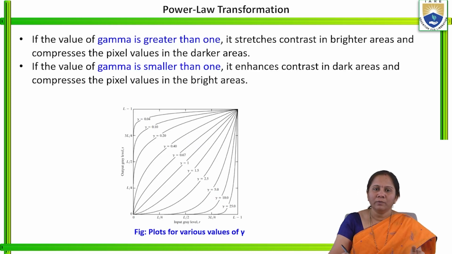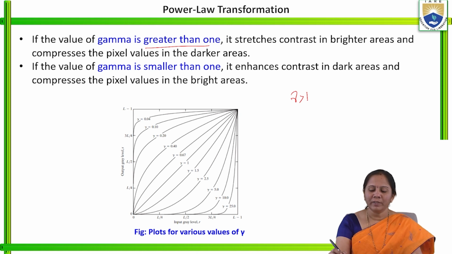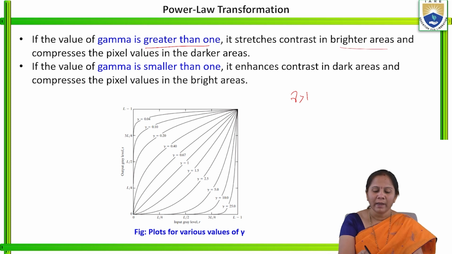Now we have seen what different values the gamma can have. In the first case, let us consider the value of gamma is greater than 1. When the value of gamma is greater than 1, it stretches the contrast in brighter areas and compresses the pixel values in the darker areas.